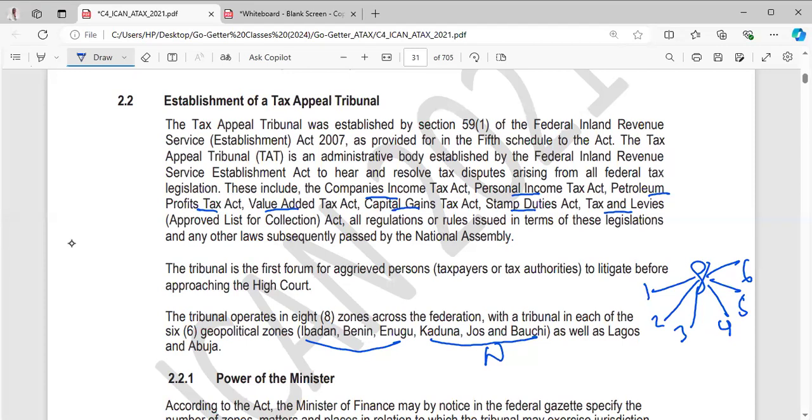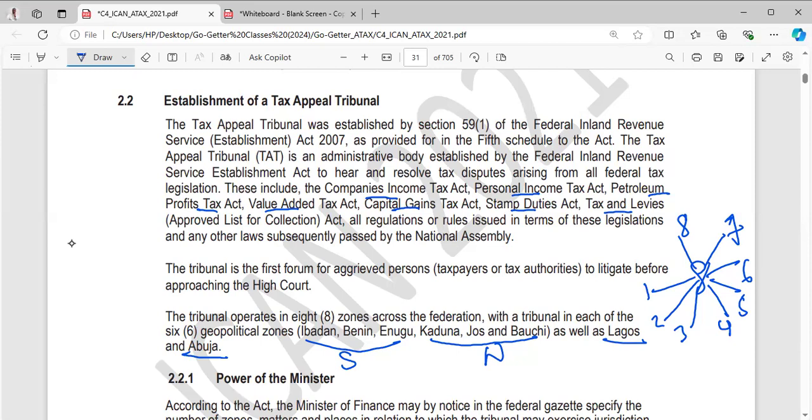One of them is in Lagos, which serves only Lagos. Then the other one is in Abuja, that is the head office, the seat of the head office. So there are 8 tax appeal zones across the federation.